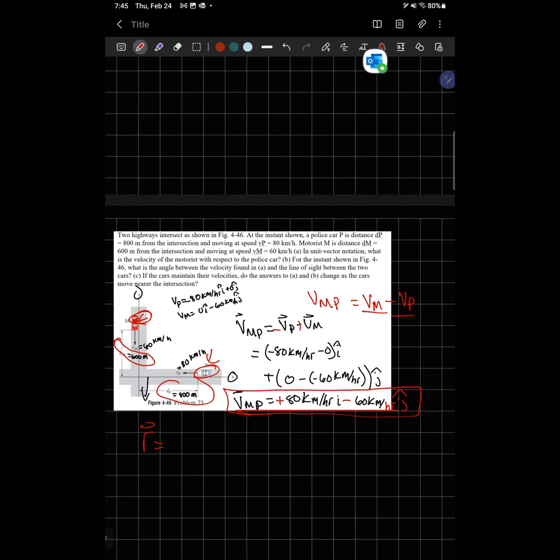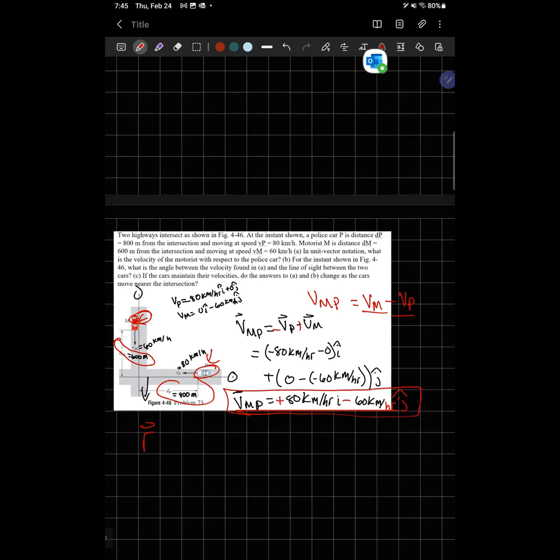Would you use tangent? No, don't even think about trig yet. I have a question. What does the R stand for? Is it reference? R means position. That's what's most commonly used.